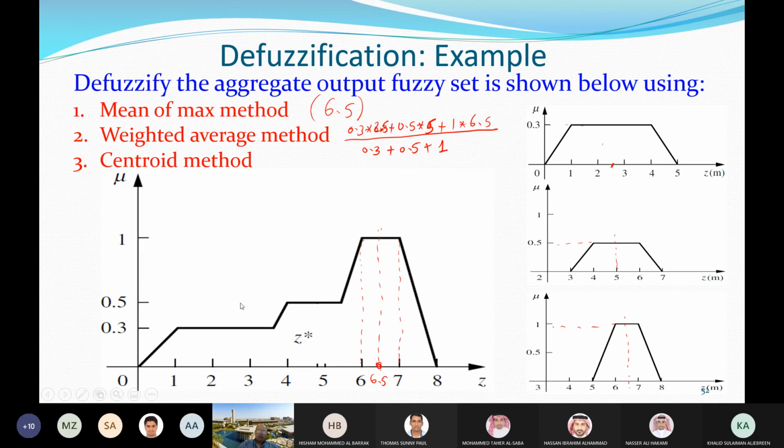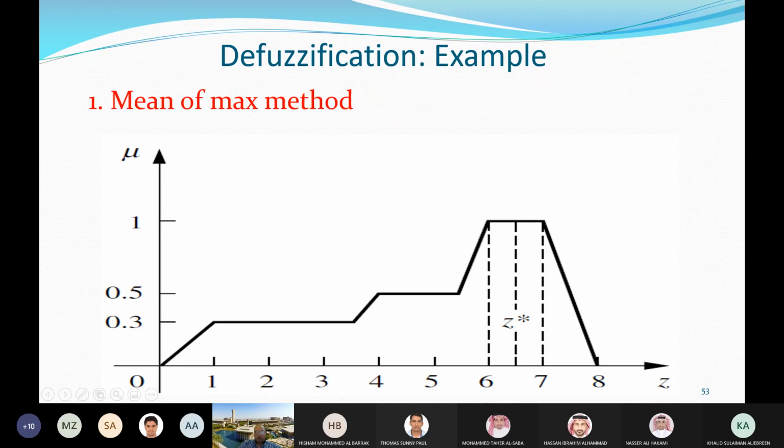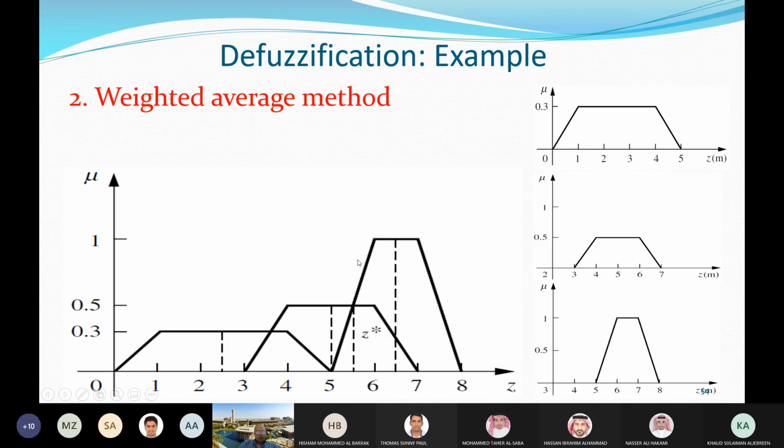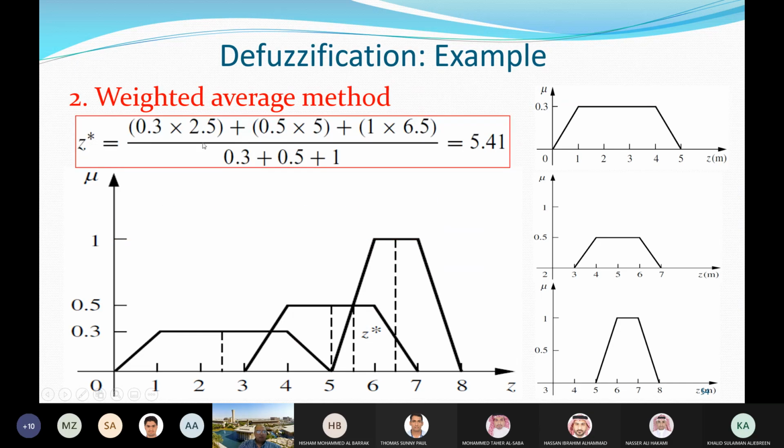So you can calculate and see how much it would be. This is the mean of maximum, which is 6.5, and this is the weighted average, using 2.5, 5 and 6.5 multiplied by 0.3, 0.5 and 1, over the summation, which gives you 5.41. So the output is 5.41 compared to 6.5 of the first defuzzification method.